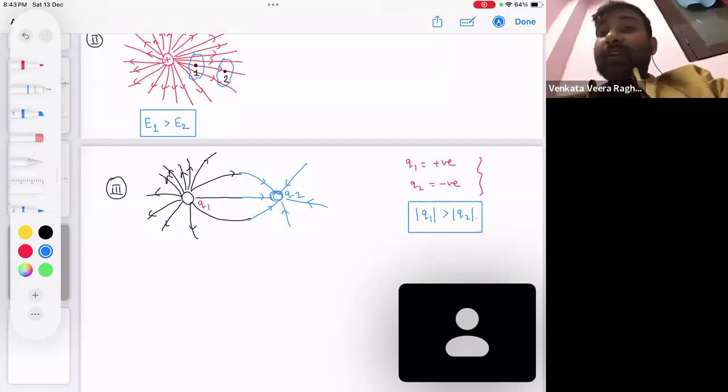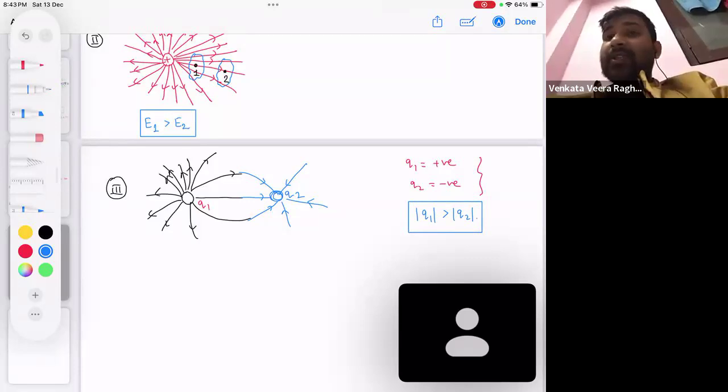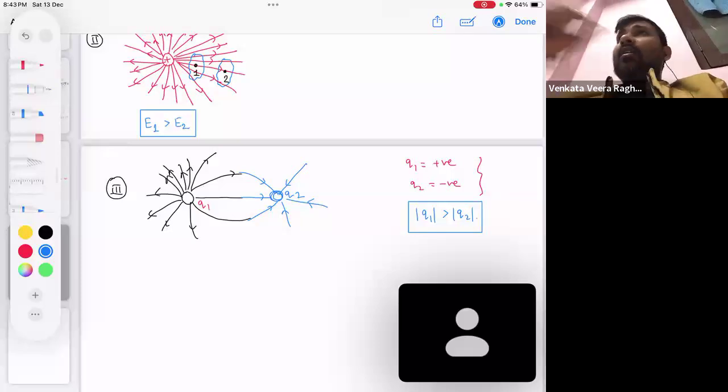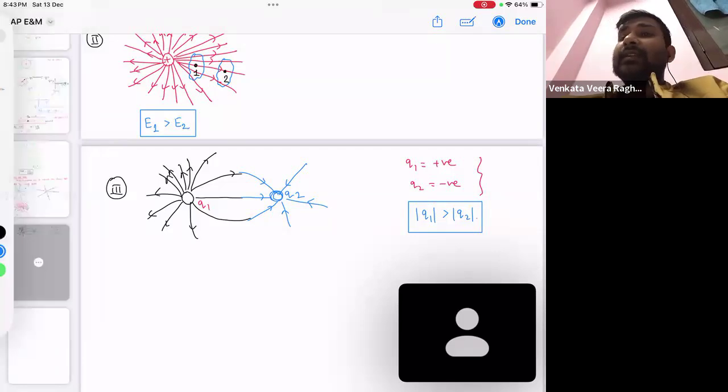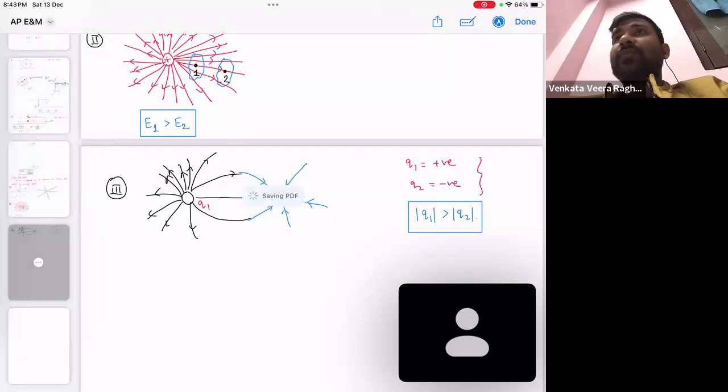Yes. Look at the number of field lines emitting and terminating. Is the number of field lines emitted by Q1 more than the number of field lines terminated on Q2? Number of field lines emitted by Q1 is definitely more than the number of field lines terminating on Q2.